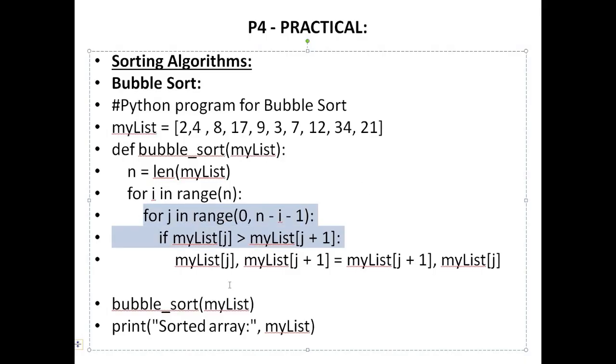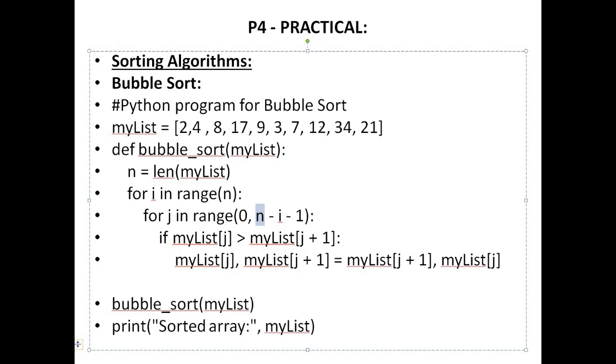Then we run a second for loop inside it, for j in range, and this time we say start from 0 and go to n minus i minus 1. What it means is that n is the total number of elements in your array, and n minus i is the number of iterations for this loop. So for the first iteration it will be n minus 1, for the second n minus 2, n minus 3, and so on.